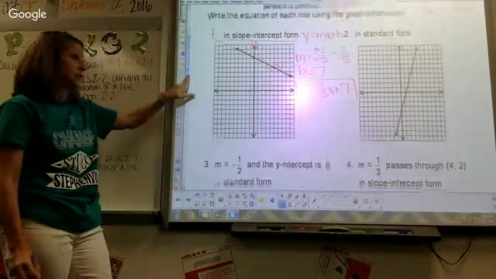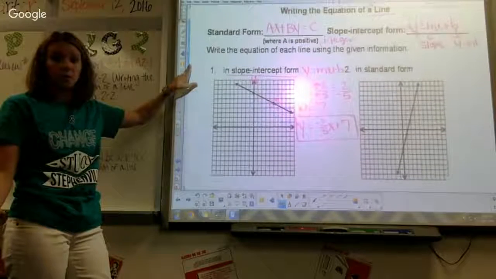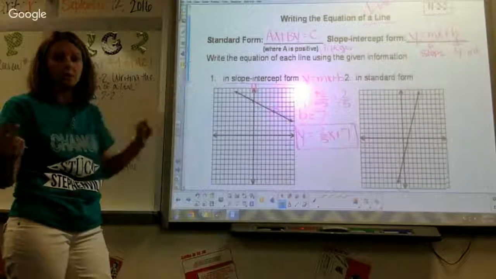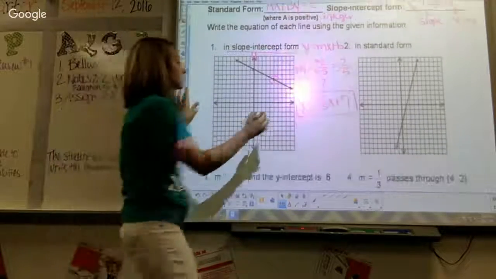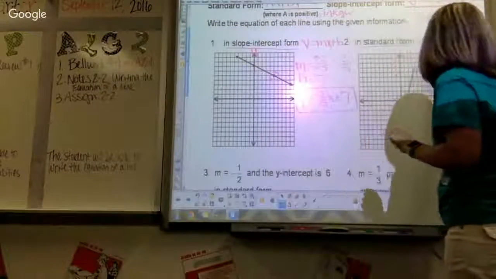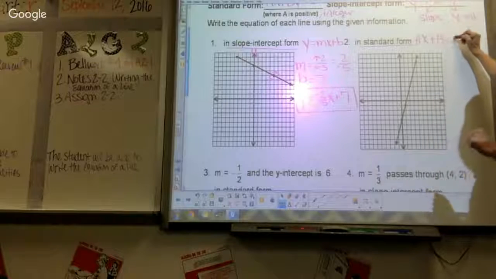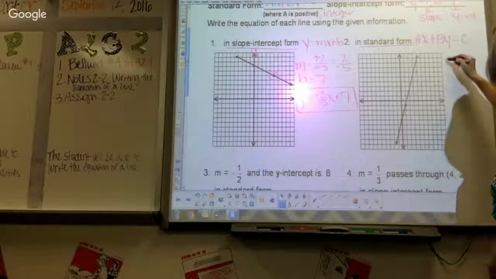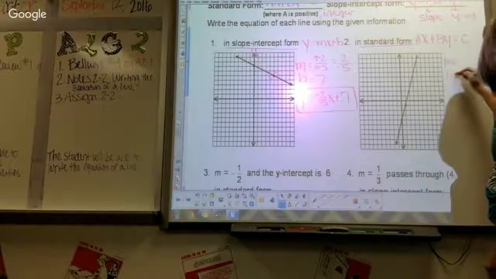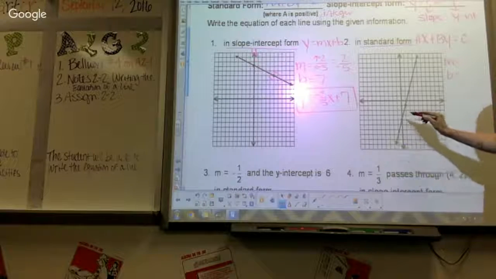Okay, so number 2, we're given a graph. It doesn't matter what form you're putting it in, you have to find the slope and the y-intercept of the graph in order to get it in any form. Notice this one is in standard form, ax plus by equals c. So we're going to find the slope and the y-intercept. Pick a point on your graph.